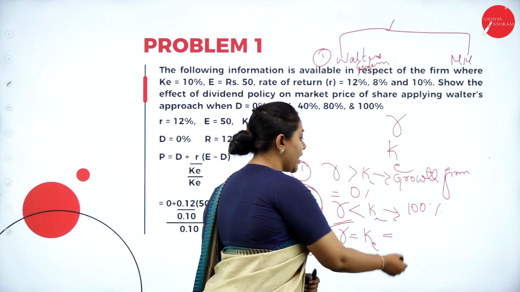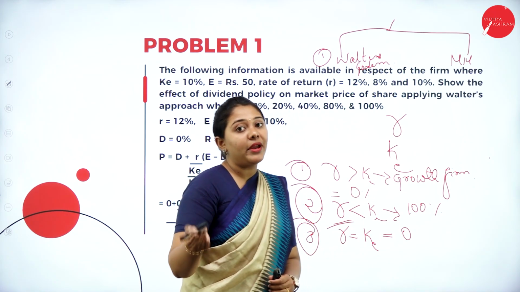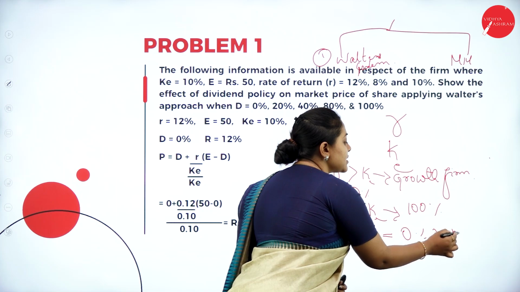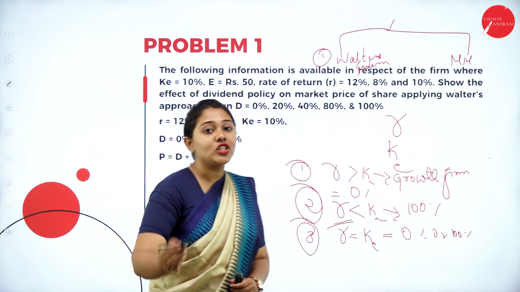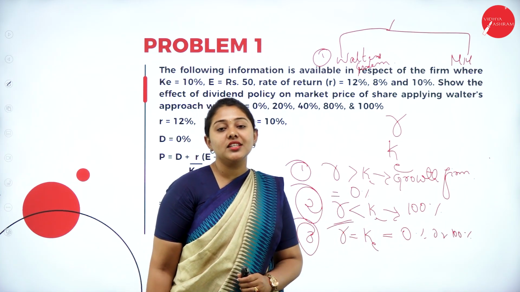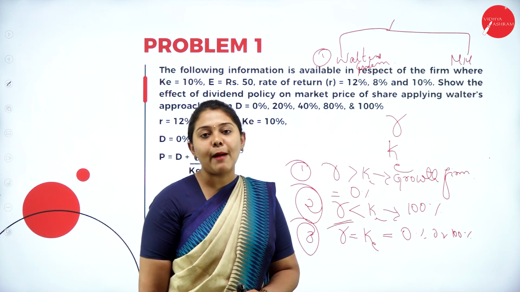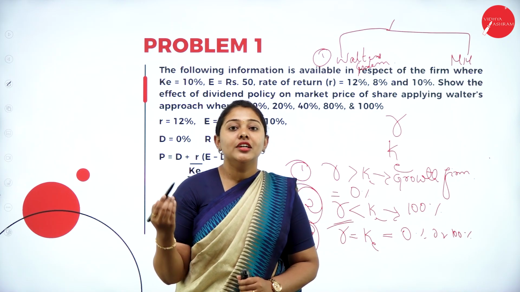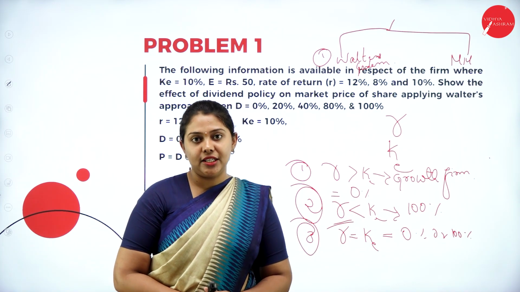Here the dividend payout ratio might be 0% or it might be 100%, as per the company situation, because the return on retained earnings is equal to the cost of capital. So the firm doesn't have any effect from the dividend policy taken by the company.